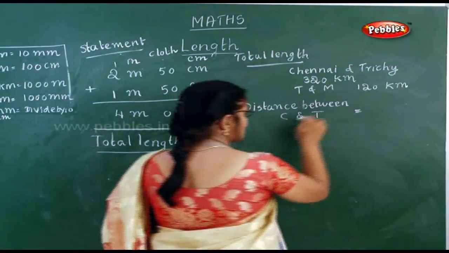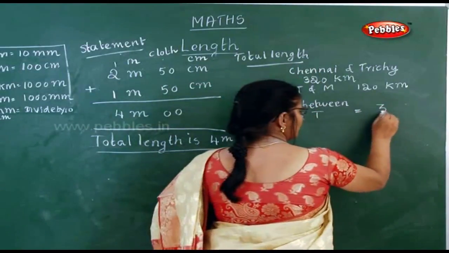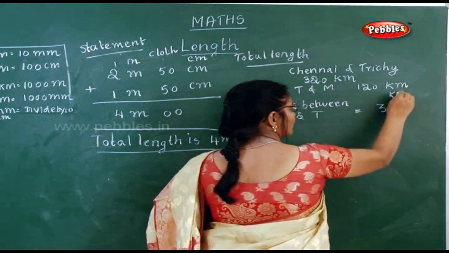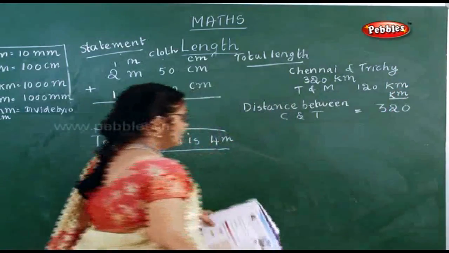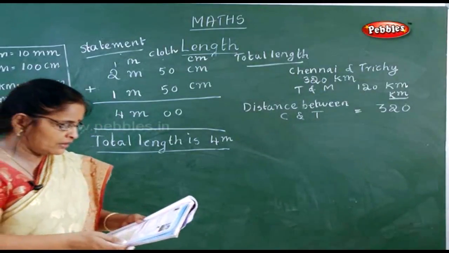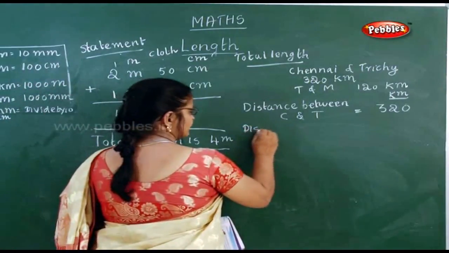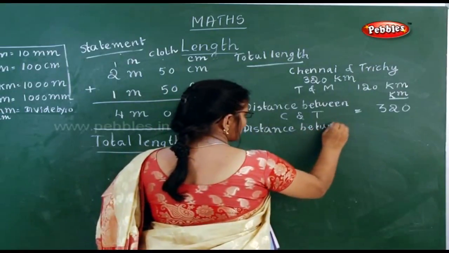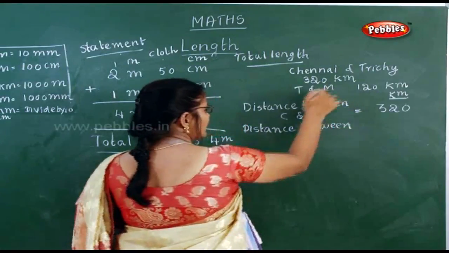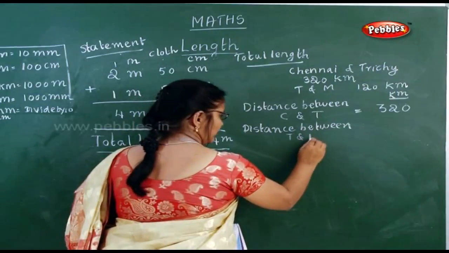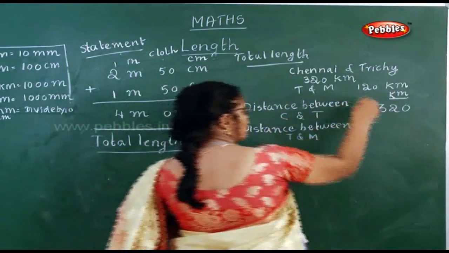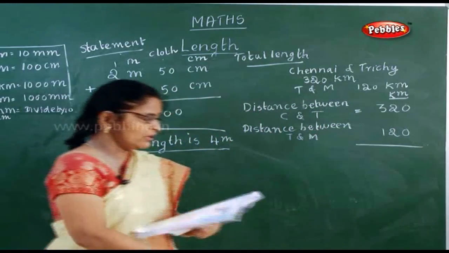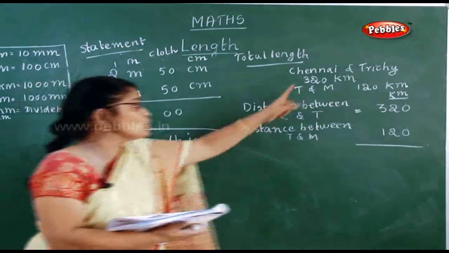Now what is the distance between Chennai and Tiruchi? It is 320. Now on the top, what do you have to write? Very good, kilometer. Now what is the next thing they have given? Distance between T and M, that is Tiruchi and Madurai. How much is it? 120 kilometer. Now what do you have to do? They have asked you to find out the total.